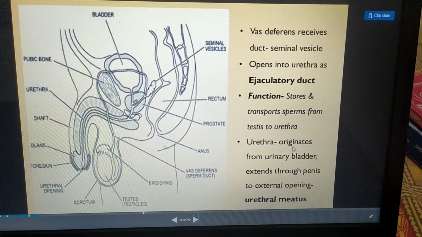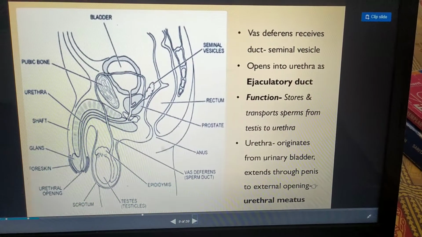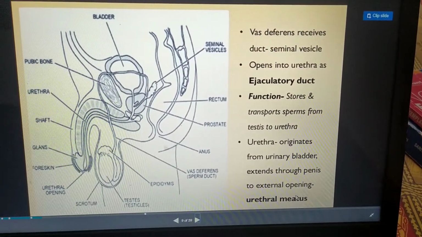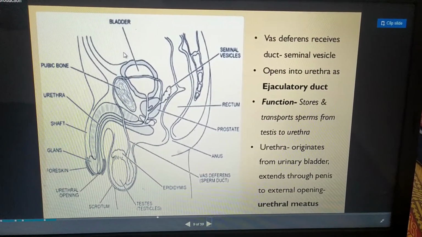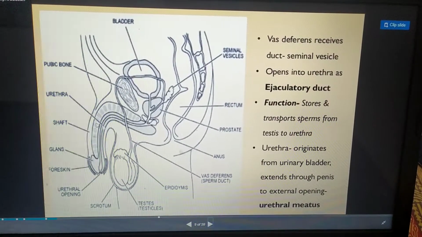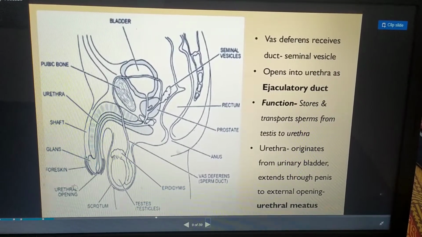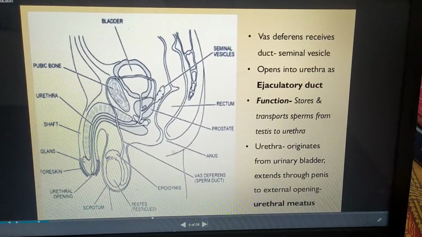This urethra originates from the urinary bladder and extends to the penis up to the external opening, which is known as the urethral meatus. Here in this figure you can see where the bladder is present. This is the urethra, shaft, glans, foreskin, and the urethral opening, also known as the urethral meatus.